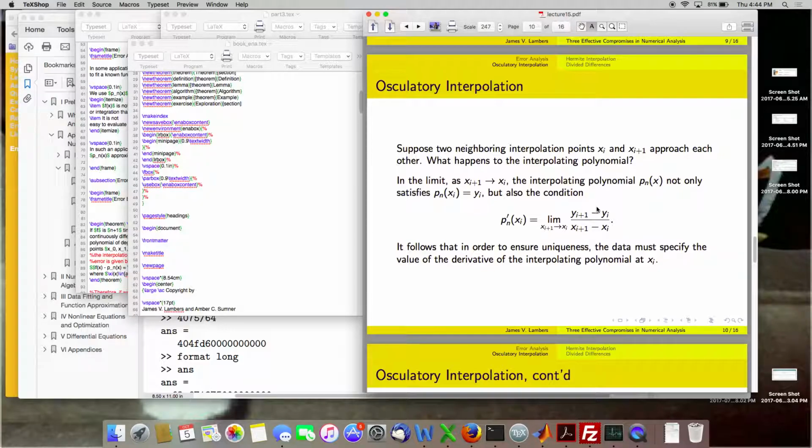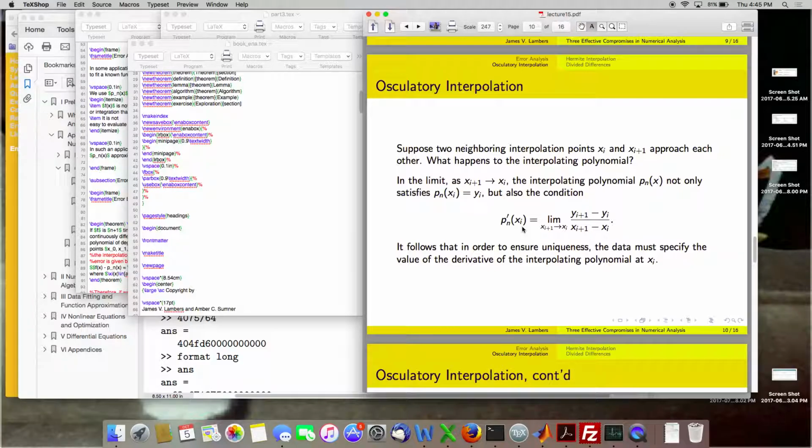But here we have a change in y over a change in x. Well, that's a derivative. So this ratio, this difference coefficient, is converging to the derivative of whatever function you're approximating, basically the derivative of your data at xi. So that tells us what the derivative of our interpolating polynomial is supposed to be.